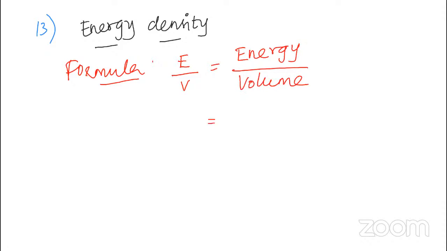What is the dimensional formula for energy? It is M L square T power minus 2. And for volume, it is L cube.